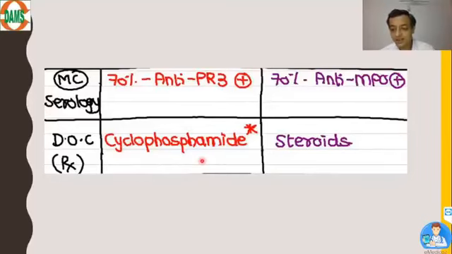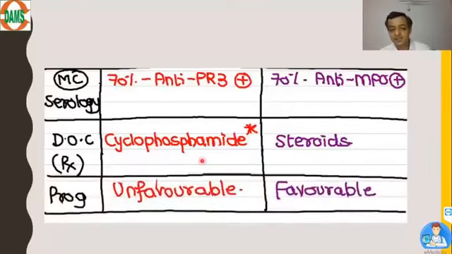Anti-PR3 is C-ANCA. Anti-MPO is P-ANCA. The screening antibody is ANCA positive.